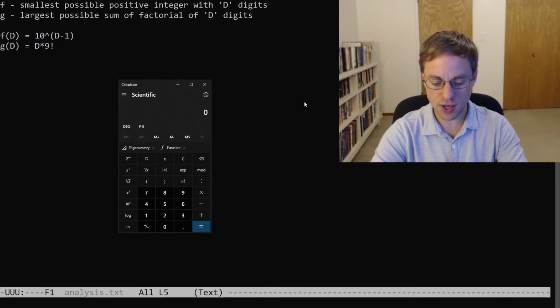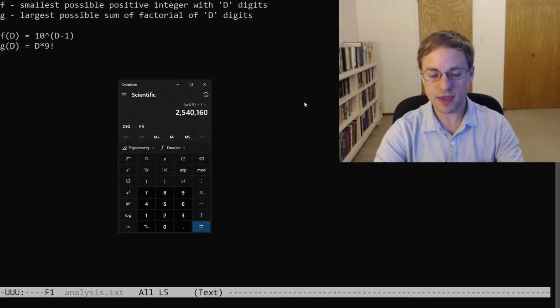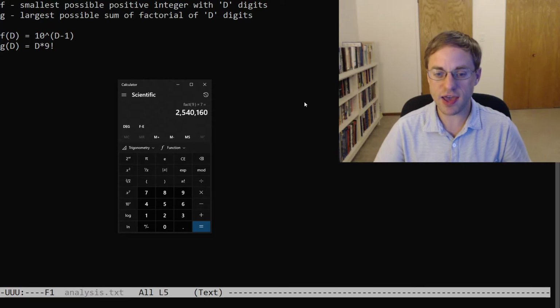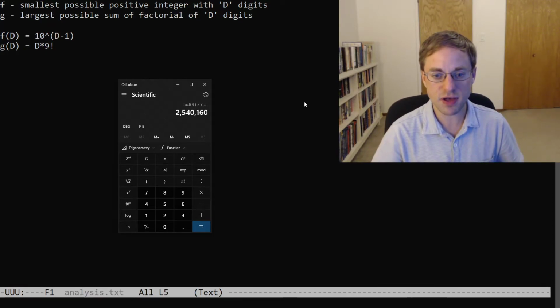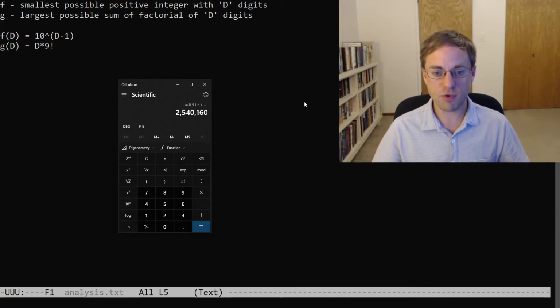And if we do 9 factorial times 7, that gives us 2.5 million. And so you can see that it is in fact possible to get 7-digit numbers by taking the sum of factorials of the digits for 7 digits.